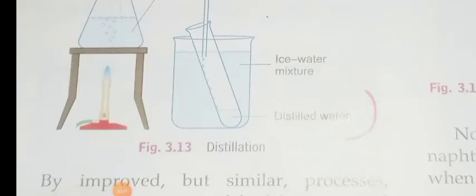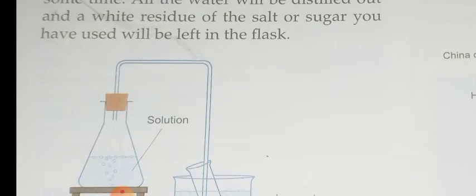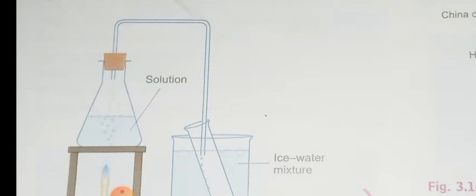So the next technique is distillation. In this method we are going to separate a solid-liquid mixture, or a liquid mixture. For this we are going to take a distillation flask, and the flask should be filled with salt or sugar solution, that is, salt or sugar mixed with water.